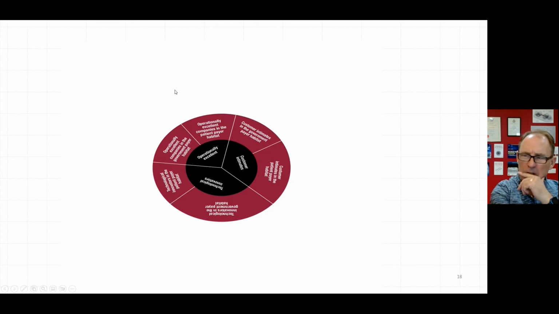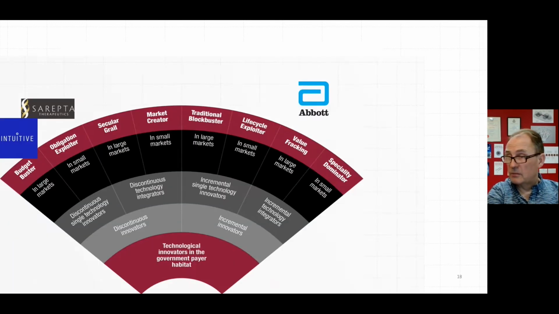But then we see pharmaceutical companies making choices as to whether they're going to compete with their technology, with the NPD part, selling to government buyers, or whether they're going to sell to individuals, institutional buyers versus individuals. And each of those things have different risk and return profiles.